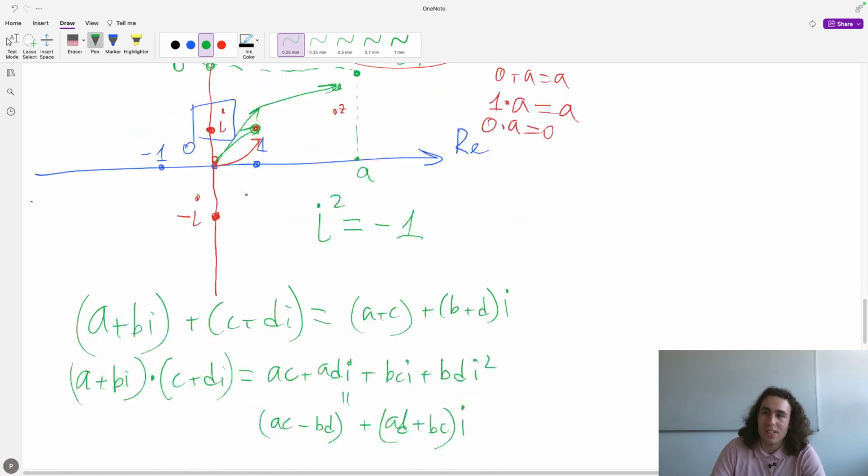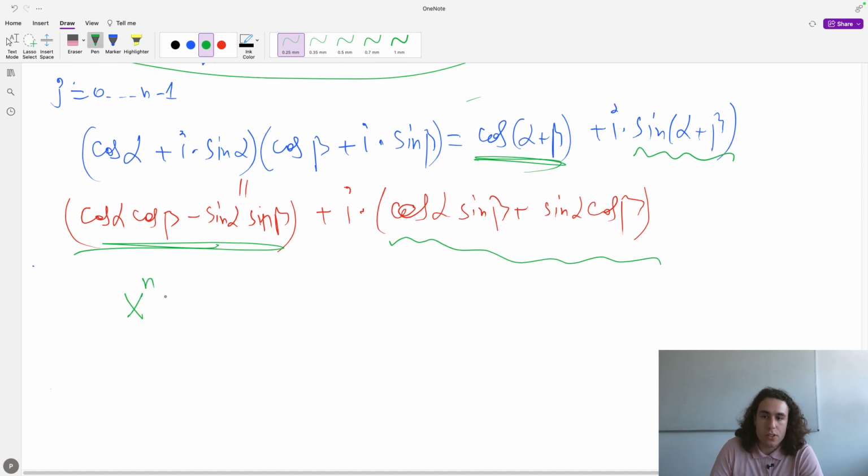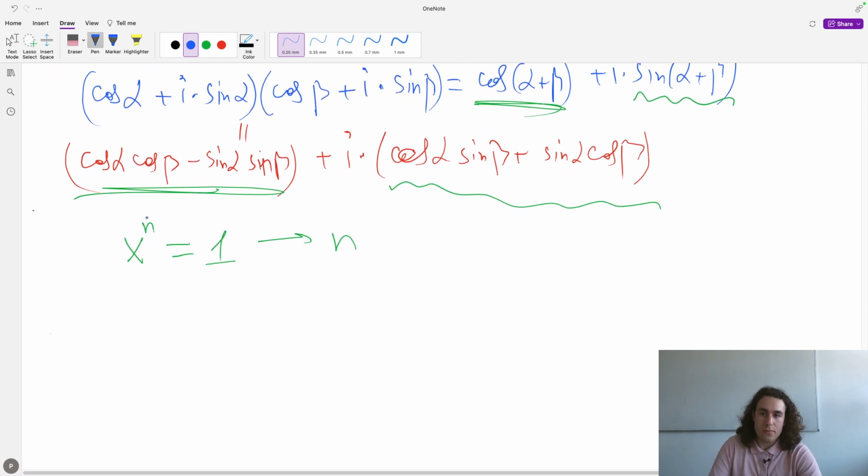So initially, we had our solutions of the equation x to the n is equal to 1, and there were n of them. When we replace them by the values y, which are x squared, they are now solutions to this equation, because if y is x squared, then x squared to the power of n half is 1.